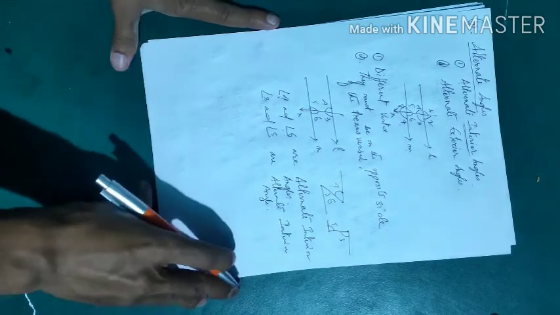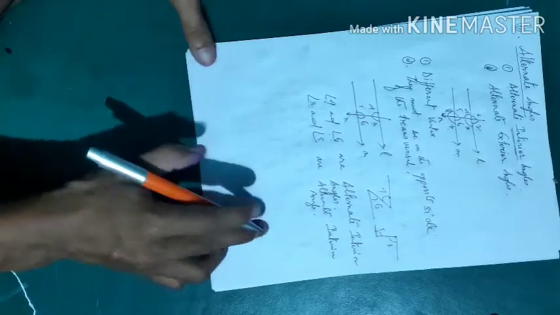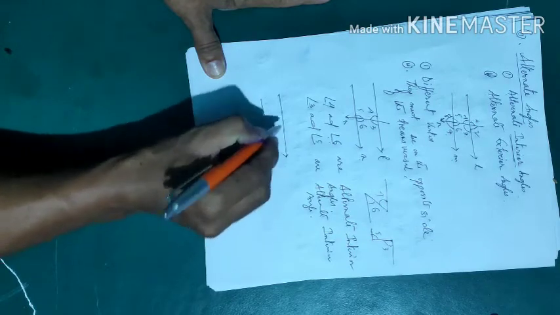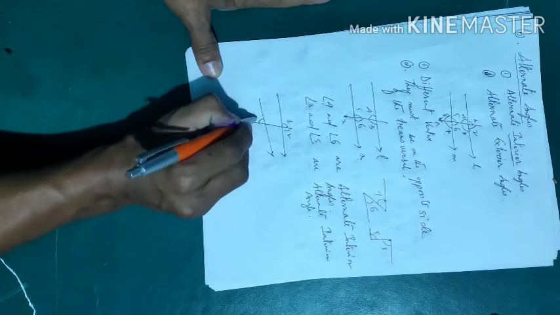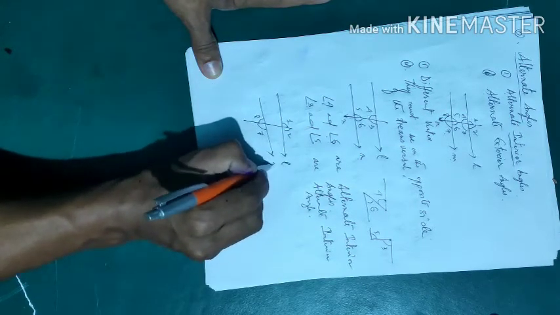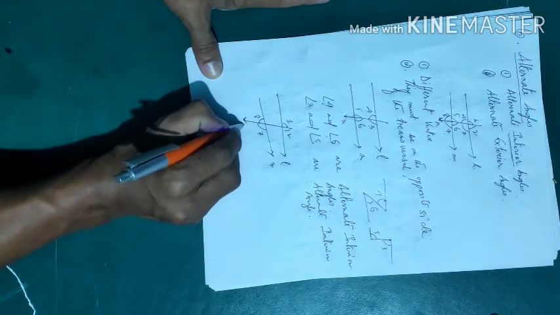Now let us move to the alternate exterior angles. In this case, we will consider those angles which are outside. So 1, 2, 8 and 7 are the angles outside the L and M line.